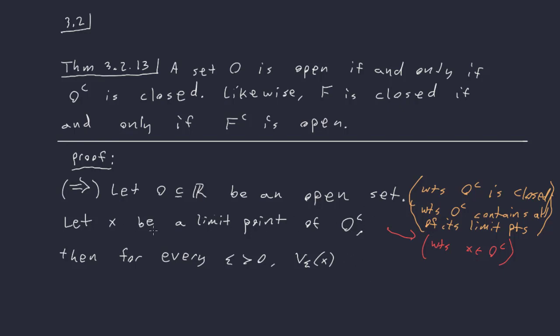Since X is a limit point of O complement, then for every epsilon greater than 0, the epsilon neighborhood around X contains an element in O complement not equal to X.